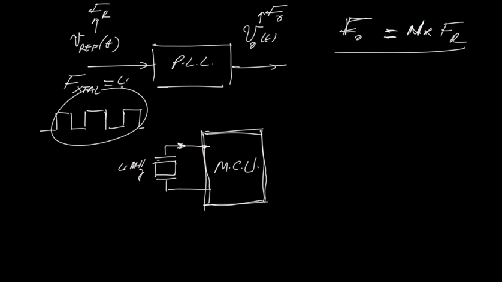It's 4 megahertz. Now, from this one in here, if we go into a PLL, then I get a square waveform. This is inside the microcontroller unit. So if I were to actually draw a much bigger diagram, this is my microcontroller.